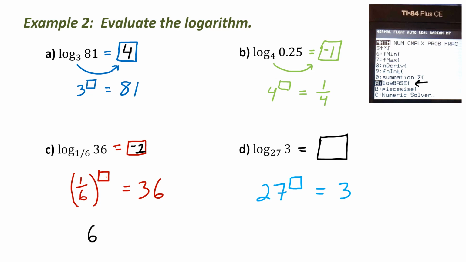Recall that if you took the cube root of 27, you would get 3. So to write cube root as an exponent, that's 1/3. So that's the answer.